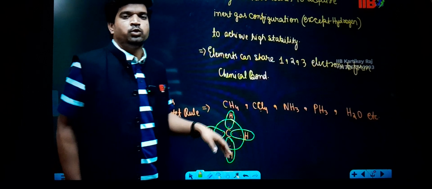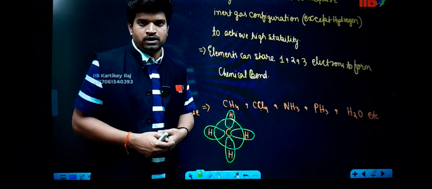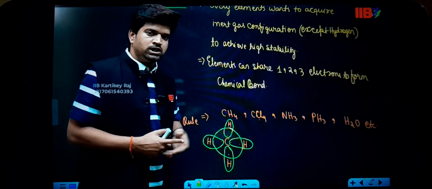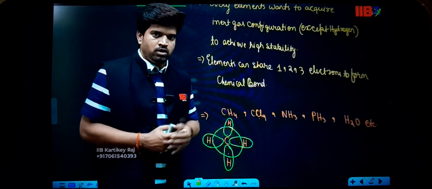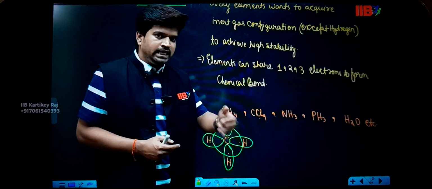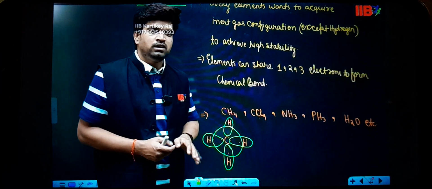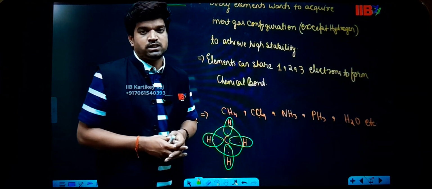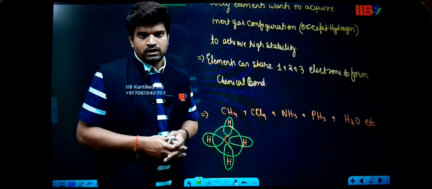So both of them become stable. That is the concept of the octet rule. The octet rule says that if you have 8 electrons in the last shell, that is a stable configuration.